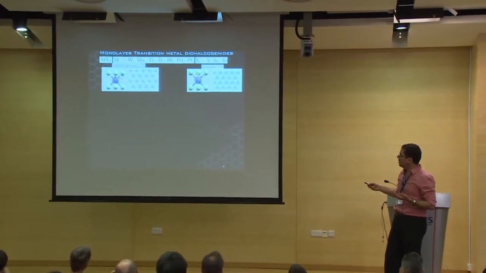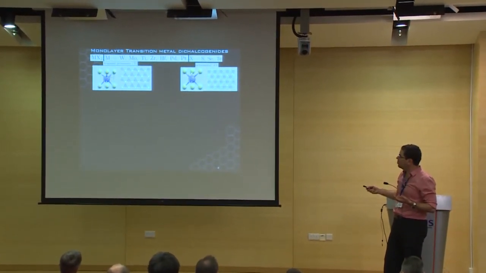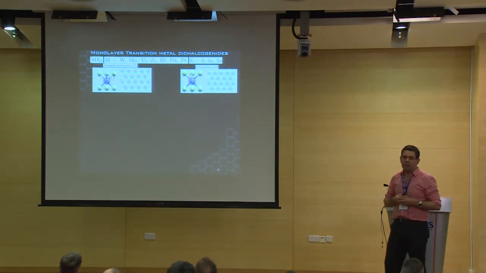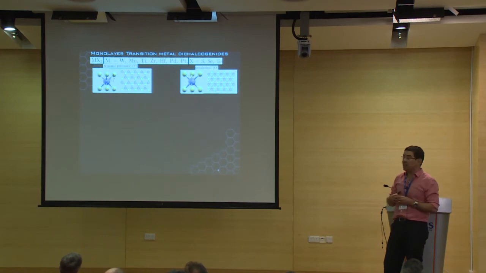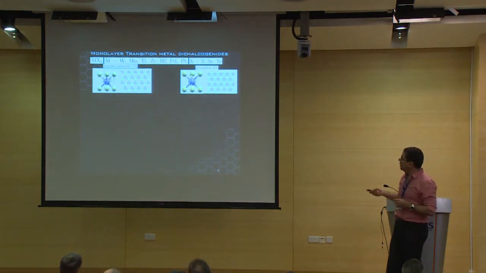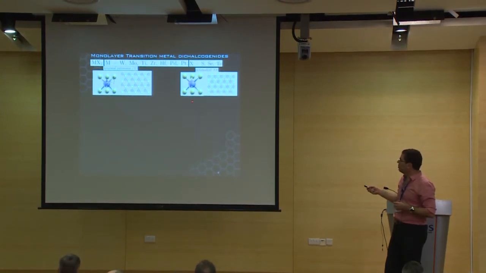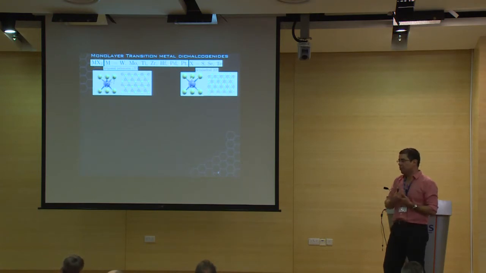They can be in registry like this, so if you look from the top, you get this graphene-like structure that was discussed here yesterday. This is trigonal prismatic, but you can also have an octahedral structure where the chalcogen layers are rotated relative to each other.